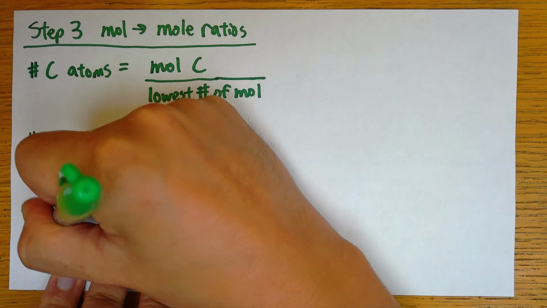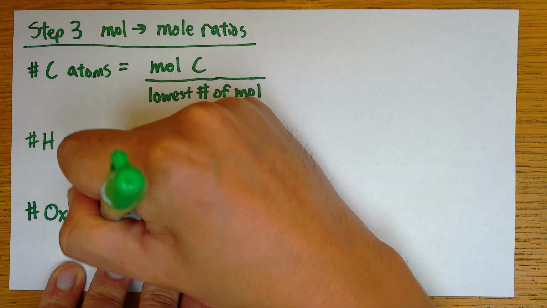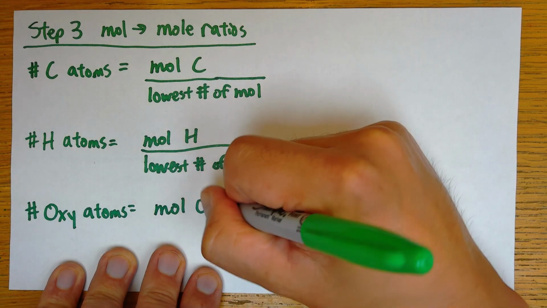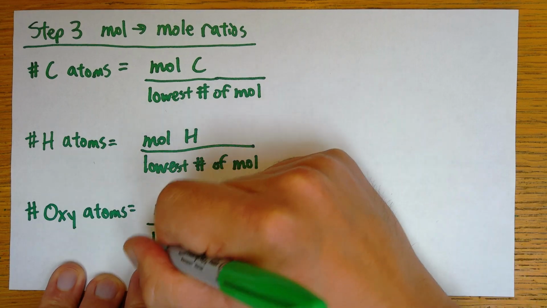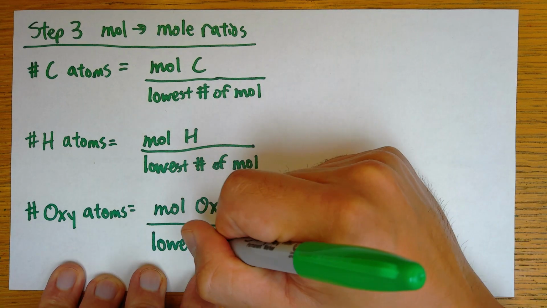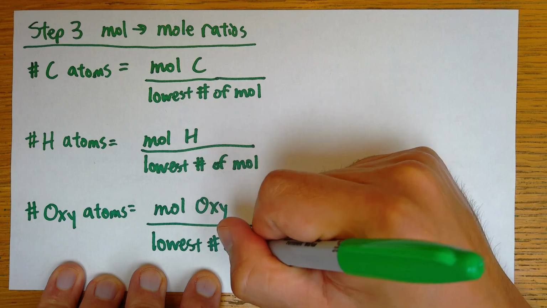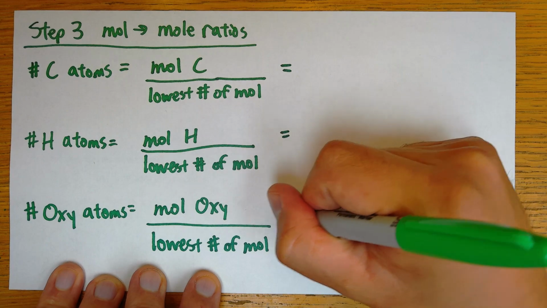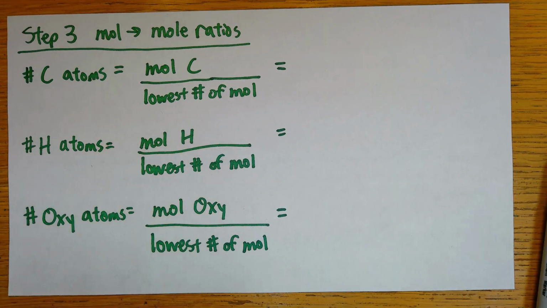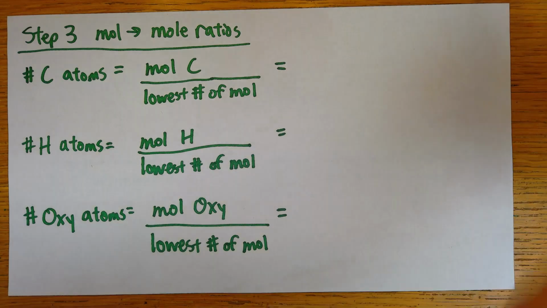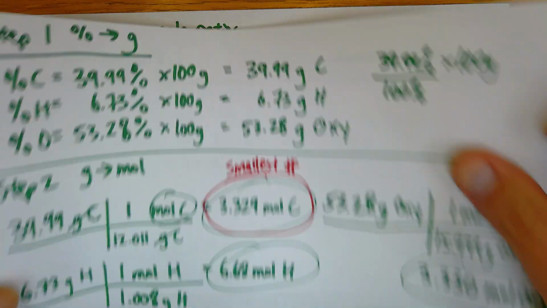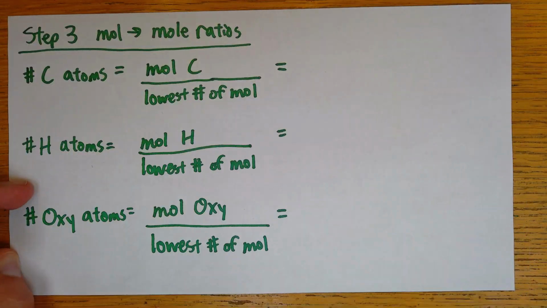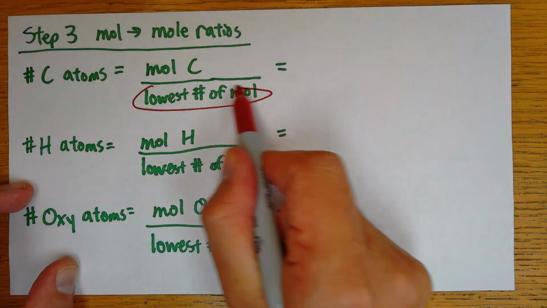Same thing for oxygen. To be crystal clear, our denominator, the bottom part of the fraction, will be the same value each time. I circled it in red, and I'll circle it here as well.